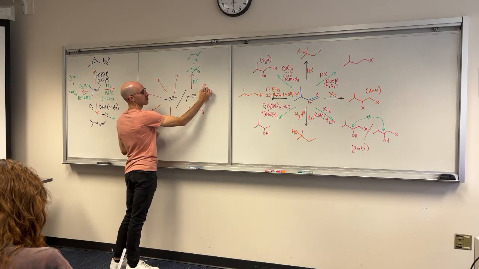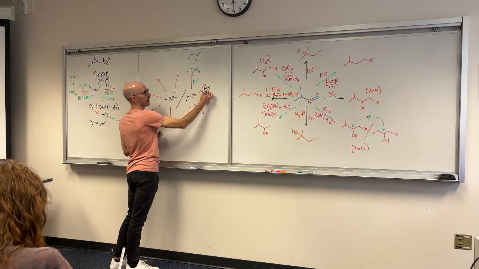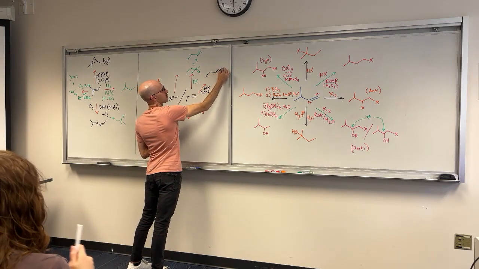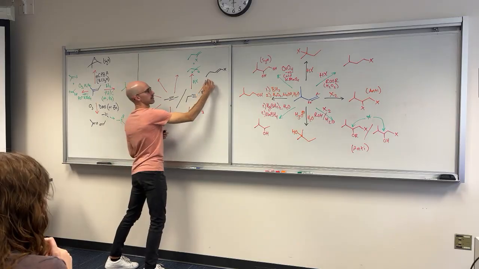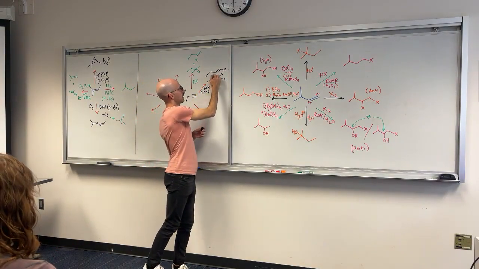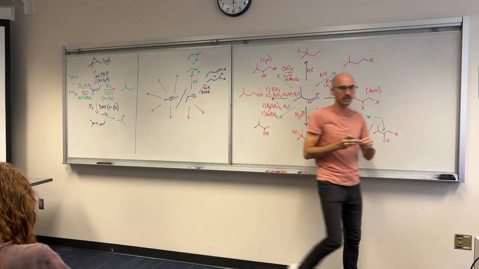Similarly, if we do HX with peroxide, then we can get a 1 addition HX and a 2 addition geminal dihalide HX.